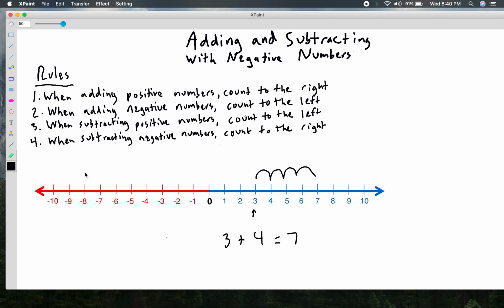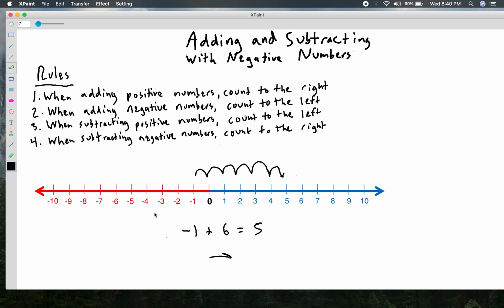All right, so that is rule number 1 when it comes to positive numbers. 3 plus 4 equals 7, but it's not just for that, because let's say we started at -1 and we added a positive to it. Well, let's add 6. We're going to move to the right, this direction. 1, 2, 3, 4, 5, 6, right there. So that's going to give us a positive 5.